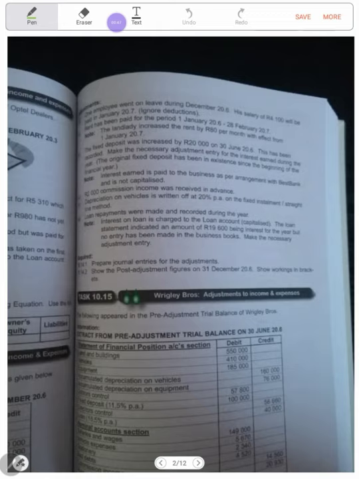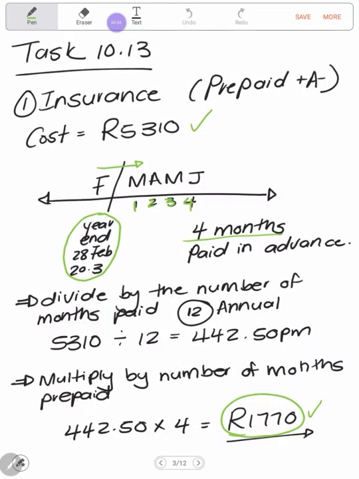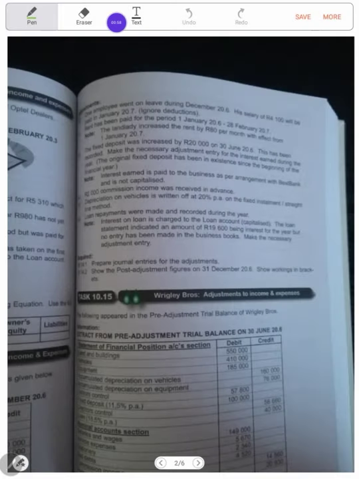So moving along to adjustment 1, they say that one employee went on leave during December 20.6. His salary of 4,100 Rand will be paid in January 20.7. Ignore the deductions. So with adjustment number 1, the amount was given to you.